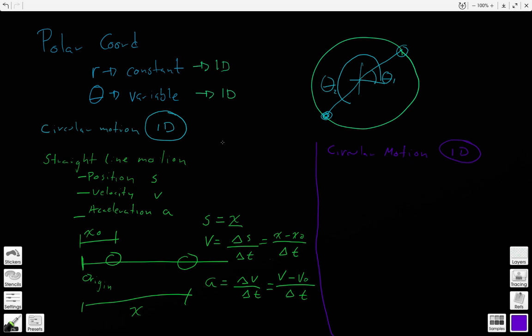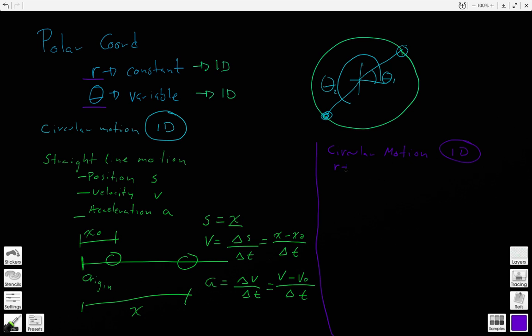As I explained here, since our distance, this r variable, is not changing, the only thing that is changing is theta. For example, in horizontal movement, my y variable remained constant, and what was changing was my variable x. In this case, it's the same.